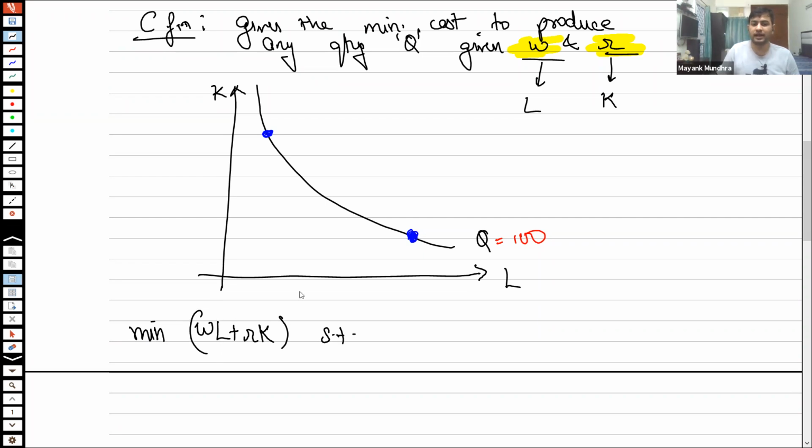If he hires some L amount of labor and K amount of capital for any point like this, this is going to be his cost, WL plus RK. So minimize WL plus RK such that the production function value at L comma K should be equal to Q.